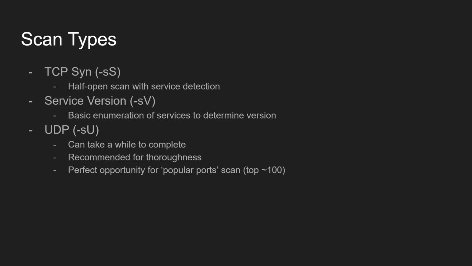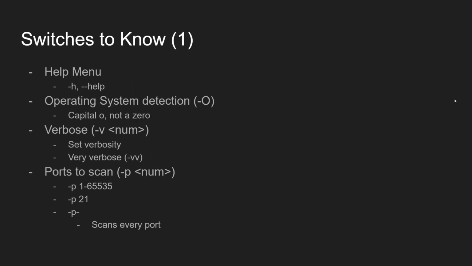Some examples: part of DNS is UDP, so that's something to be aware of. Chat servers a lot of times can be UDP, like voice chat, where it's not important for every single packet to get through. However, we do this to be thorough, and I recommend looking at your top 100 ports to see if there's something obvious sitting out there that we really want to take a look at.